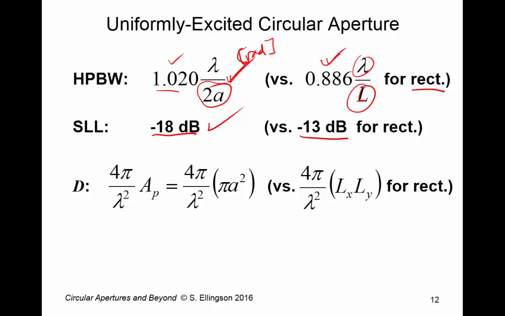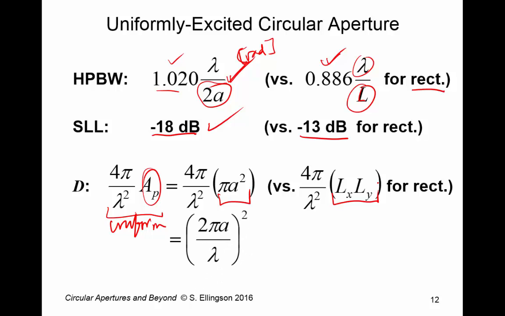And then directivity. We've noted previously that the directivity of an aperture is, to a good approximation, equal to 4 pi over lambda squared times the physical aperture. So for a circular aperture, this is 4 pi over lambda squared times the area of a circle, which is pi a squared. And same result we had for a rectangular aperture.